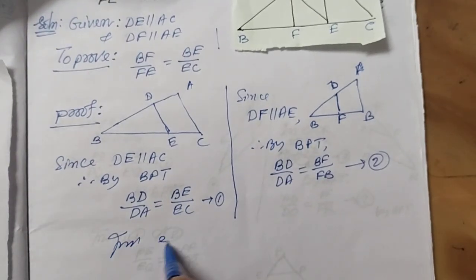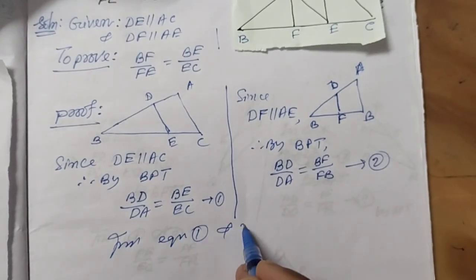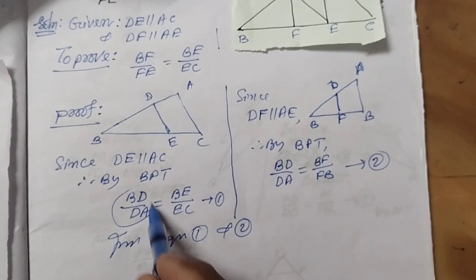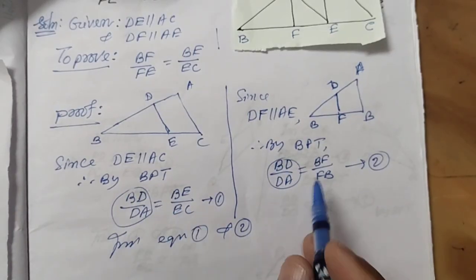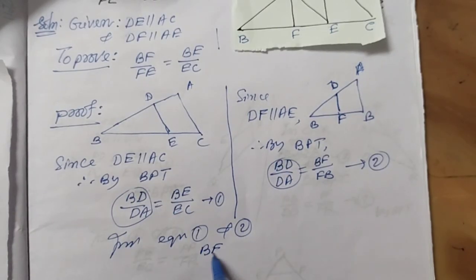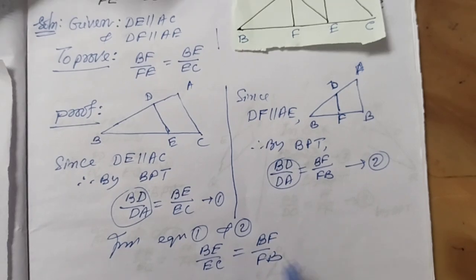The LHS are equal, so the RHS must be equal. So BE by EC must be equal to BF by FE. I think we have to interchange the sides. BF by FE is equal to BE by EC, and this is the complete proof.